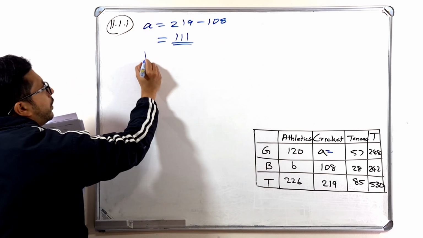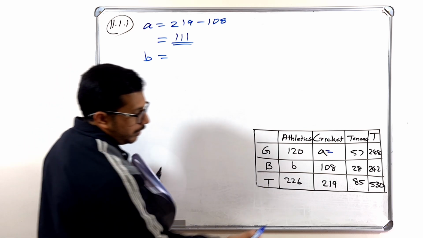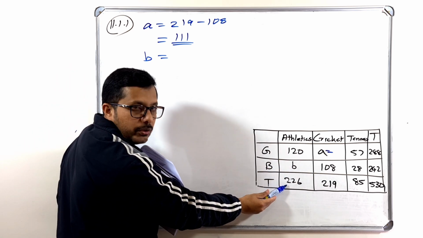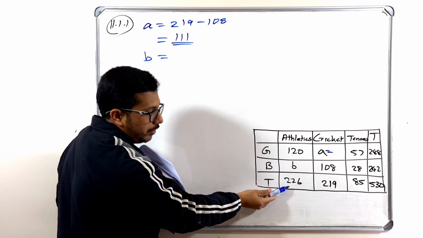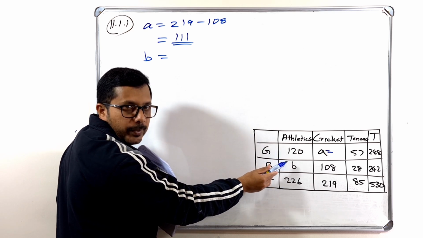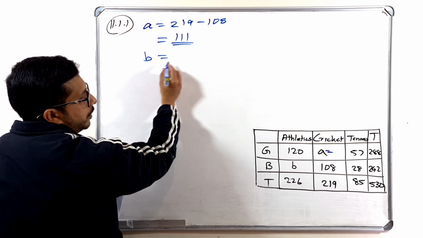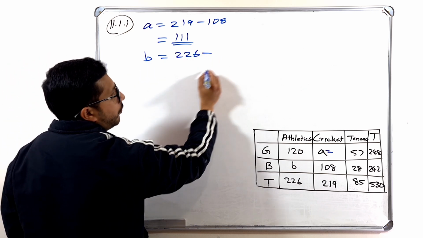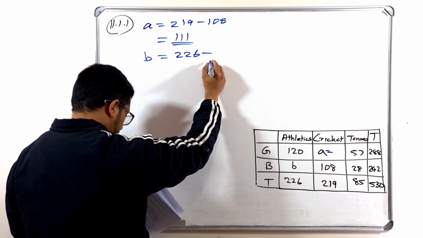Then how can you find B? When you add these two, you are supposed to get 226. So how can you find this one? You just subtract 226 minus 120. Am I right? So B is equal to 226 minus 120.